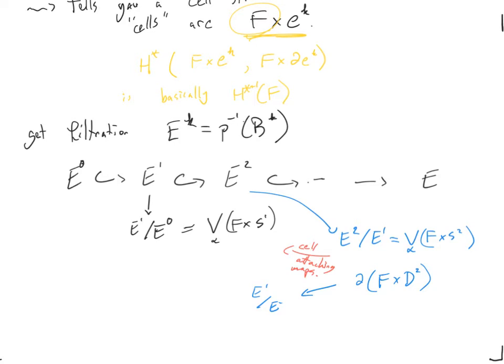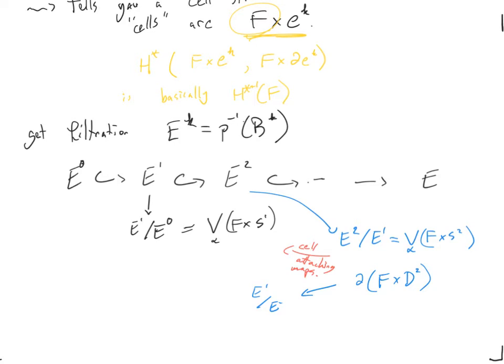Now, the issue is that when you attach these cells, F has interesting cohomology. In fact, it can have cohomology in all sorts of degrees, because F is some space, right? So when you attach these, you don't actually know that you only affect cohomology in one degree.